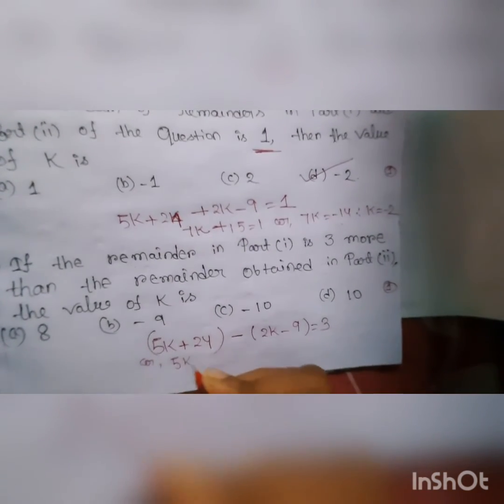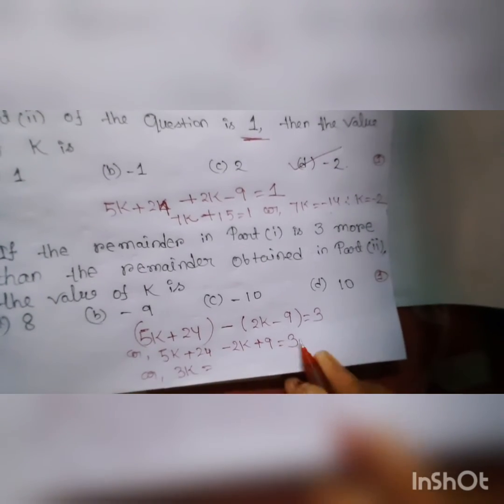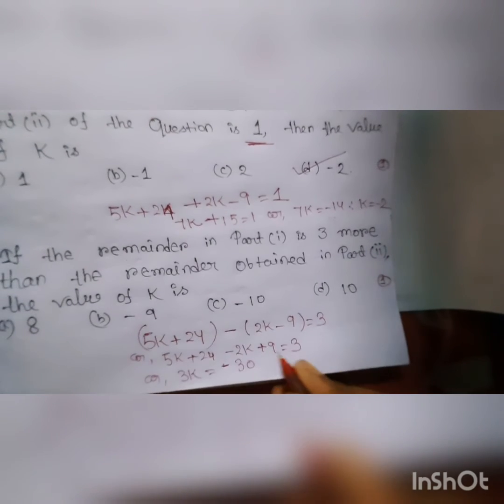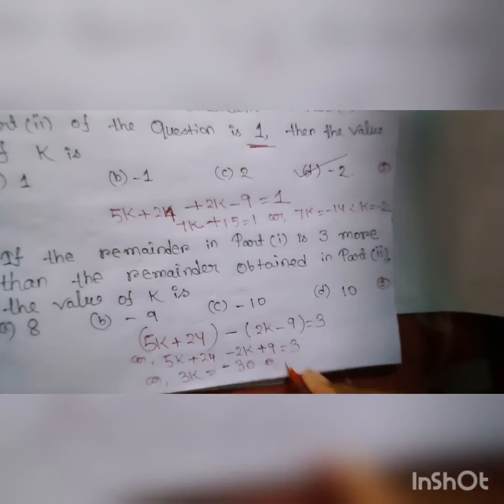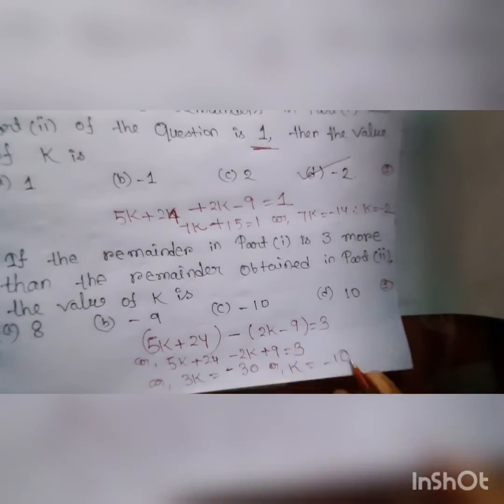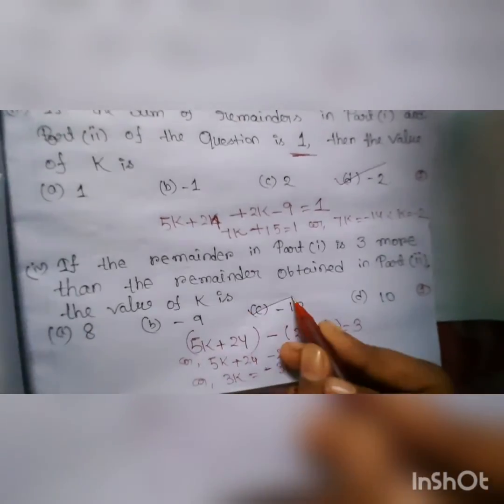So 5k plus 24 minus 2k plus 9 equal to 3, or 3k equal to, take this constant to the right hand side, you get minus 30. Since this becomes minus 6 and this is minus 24, so minus 30. The value of k will be minus 10. This is present in option C. So your answer will be option C, that is the value of k is minus 10.